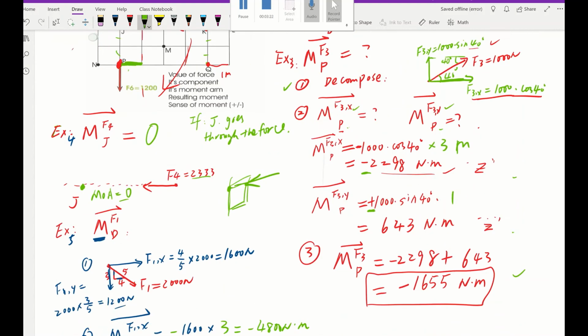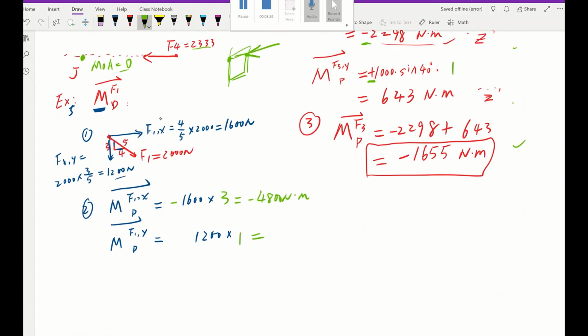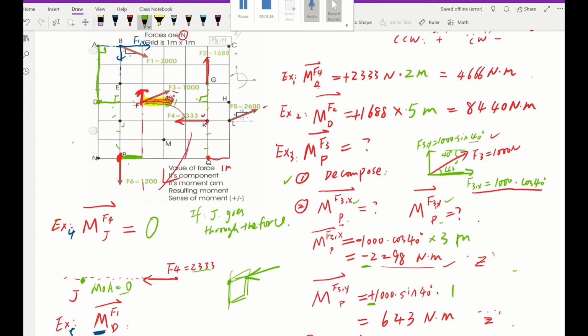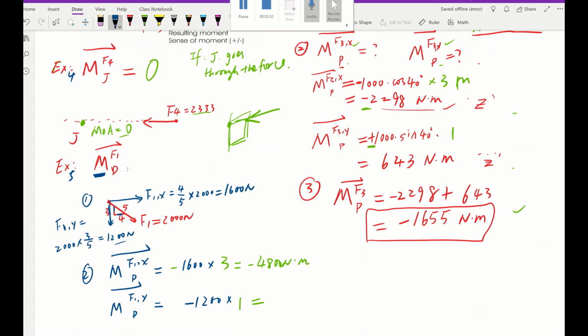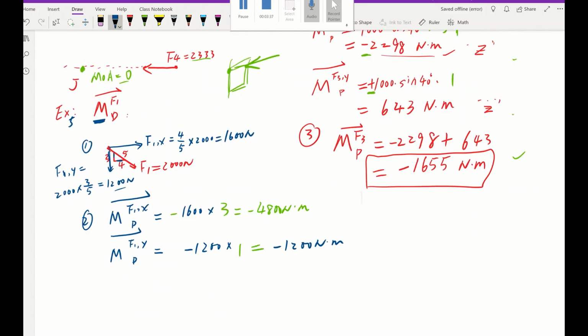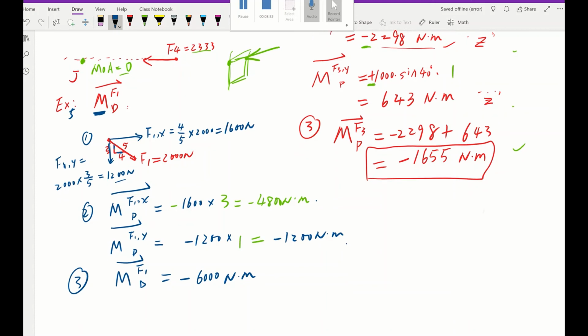So that's going to be times 1. Now let's think about rotation. This force rotating about D, Y rotation, it's also clockwise, so that's negative 1200 Newton meter. Add them together, we can figure out this force 1 rotating about D, that's going to be negative 6000 Newton meter, right? So that's our last step when you add those two together.